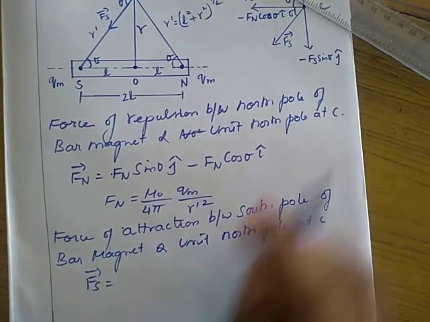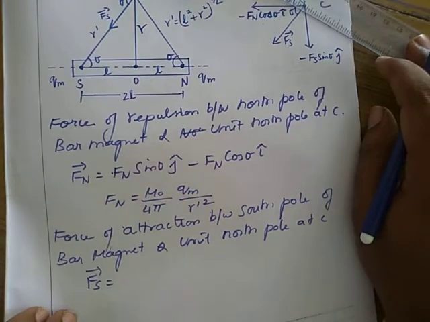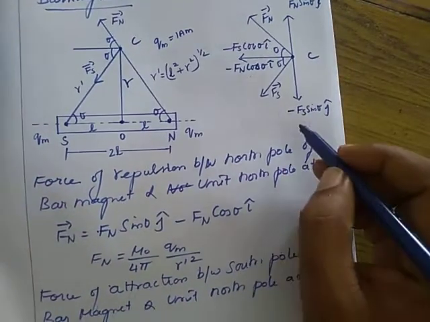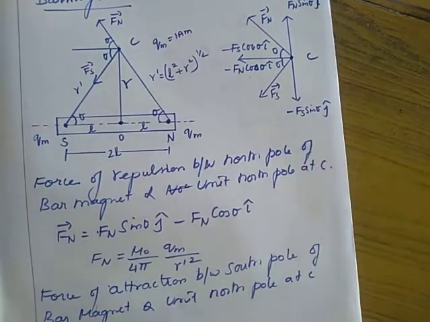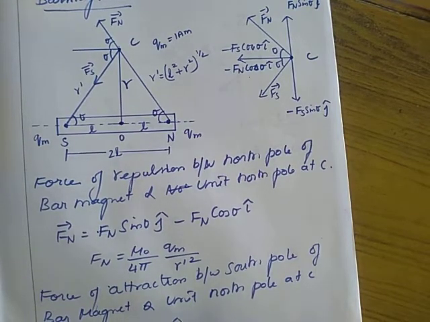We know Fs vector can be written as minus Fs sin theta j cap, and minus Fs cos theta i cap.